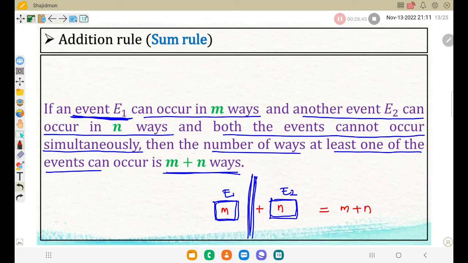This is the addition rule, or sum rule. So what is the difference between the addition rule and the multiplication rule? I hope you understood. In the multiplication rule, what is the idea? One event A will be there, continuously another event B, continuously another event C, correct? It is going like this. But in the addition rule, it is separate.